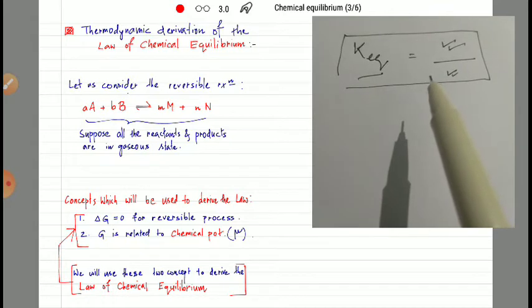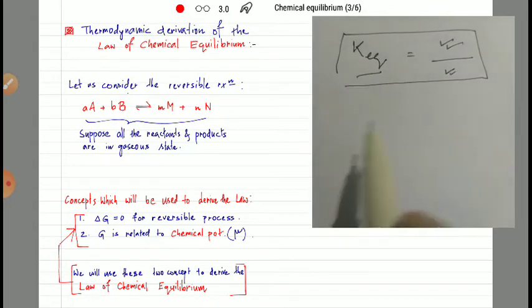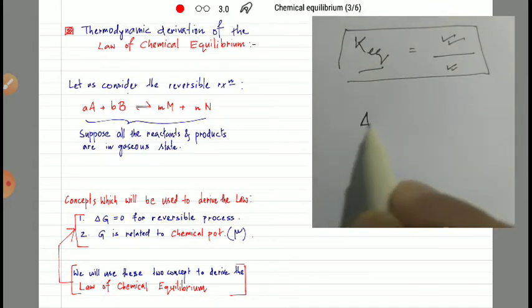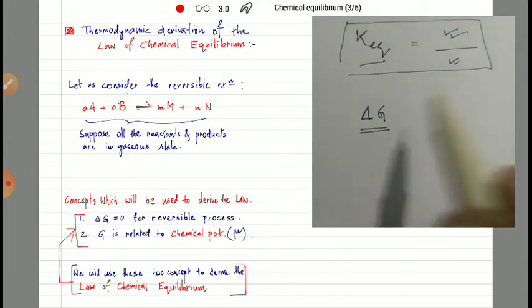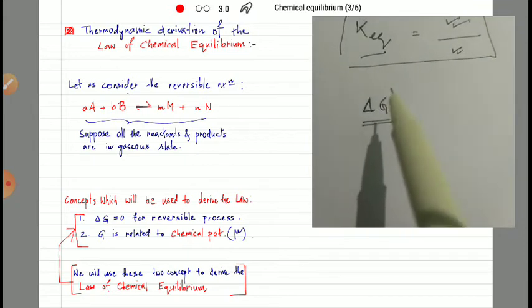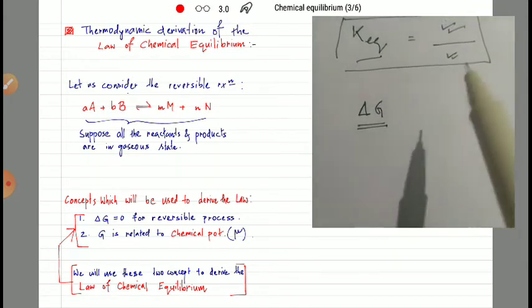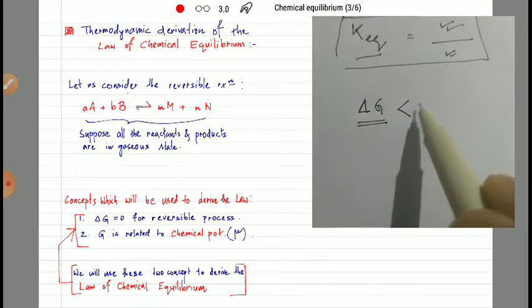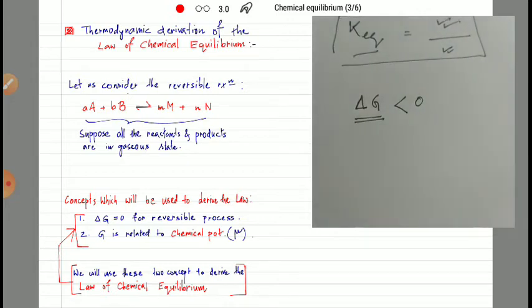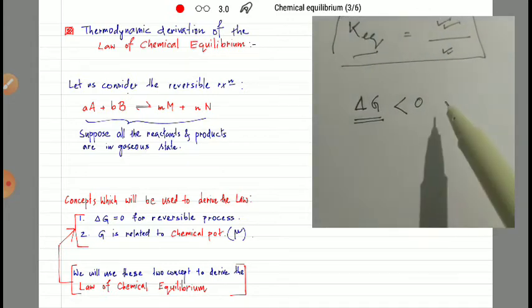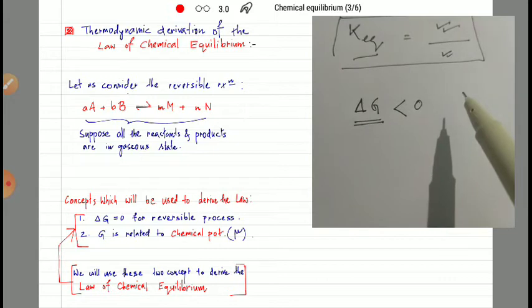Okay, in the first class we had the idea about del G. So what is del G? Del G is the change of Gibbs free energy, and if it is less than 0, we said that the reaction is spontaneous. This comes in the last part of the second law of thermodynamics.